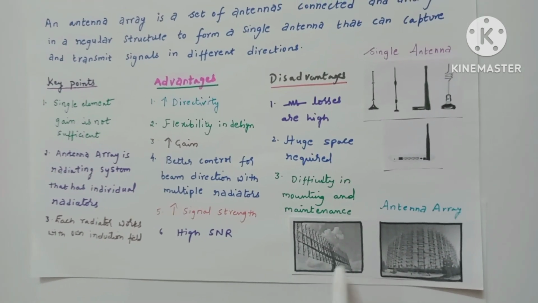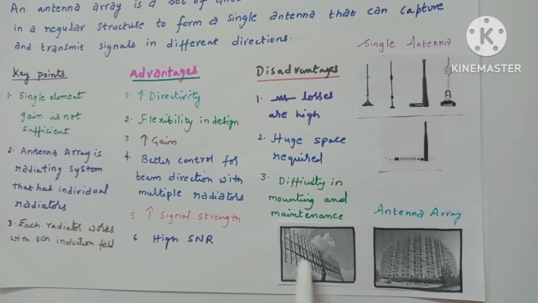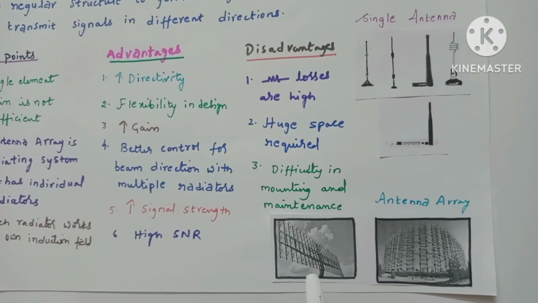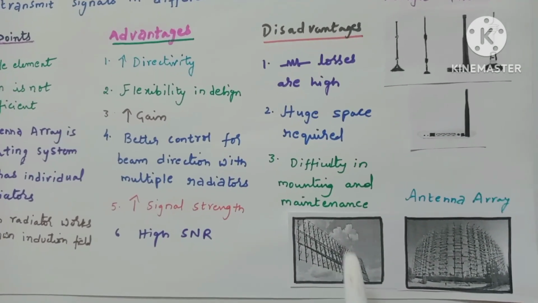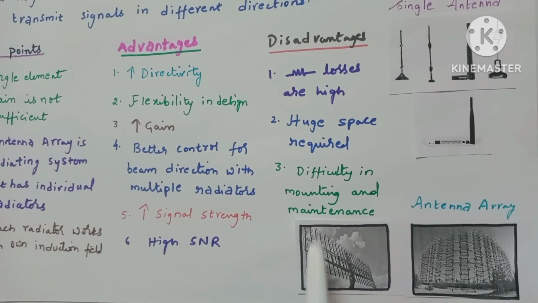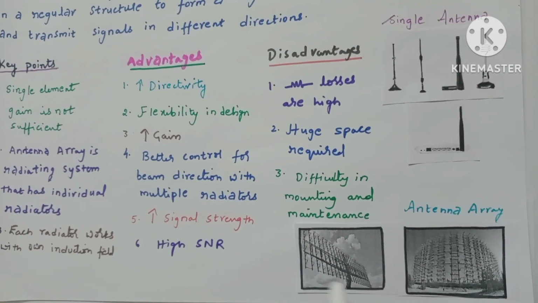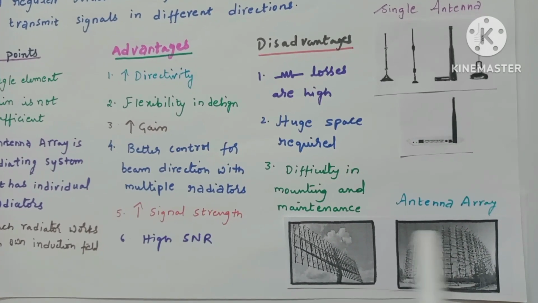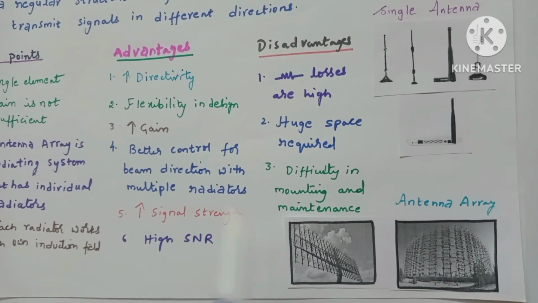The arrangement of antennas is very important. We cannot take a group of antennas, place them randomly, and expect a radiation pattern. There should be a particular format or structure like this. There are different ways of arranging antennas that we will see later.